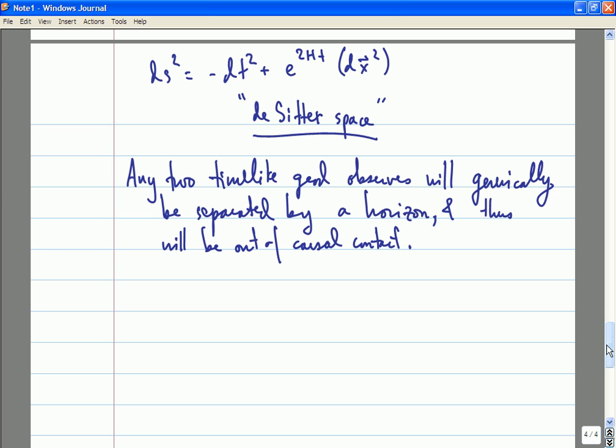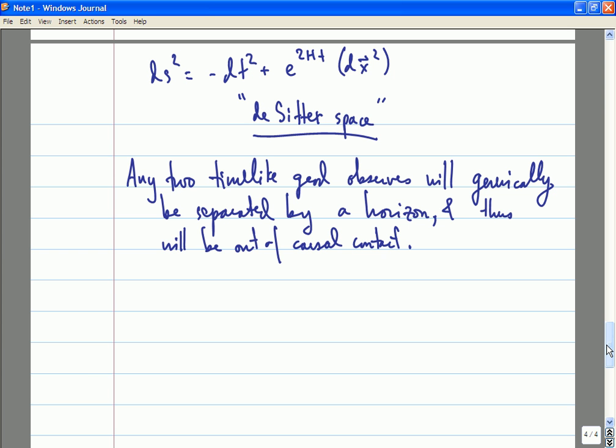And so they will gradually become redshifted and redshifted and redshifted by the evolution of the scale factor until eventually they all become invisible. So eventually, all of the galaxies that we see in the sky will gradually fade from view as they become redder and redder and pass behind our horizon.